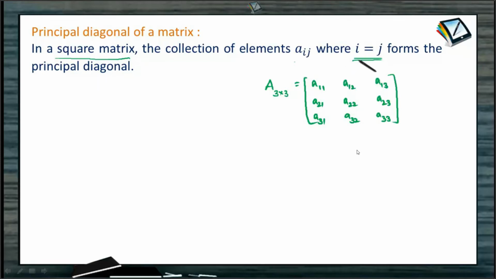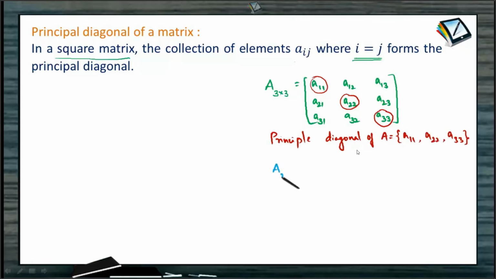The elements for which the row number and the column number are equal, that means A11, A22, A33, right? Now if you look at the marking there, that's forming the diagonal of the square which we are talking about. Such a diagonal is called the principal diagonal. So what is the principal diagonal of A? Yes, that would consist of the elements A11, A22 and A33.